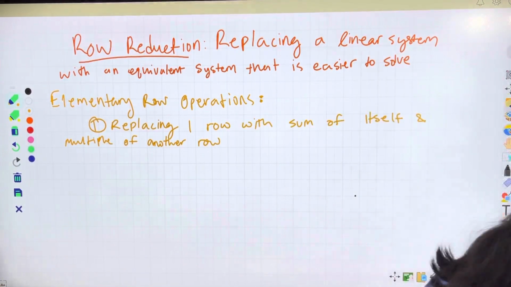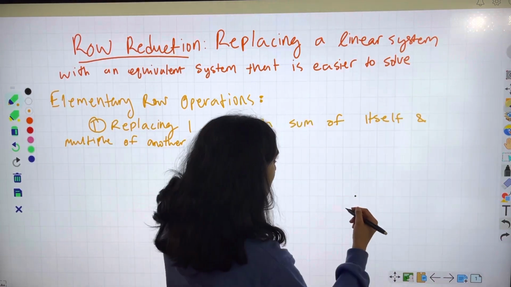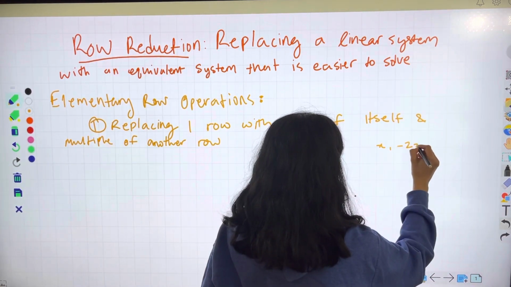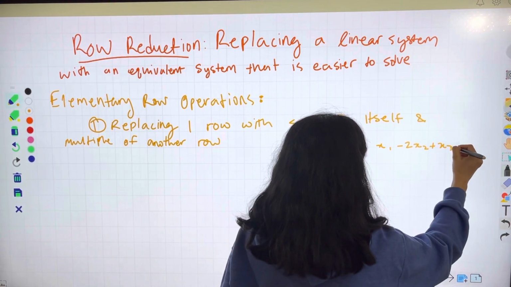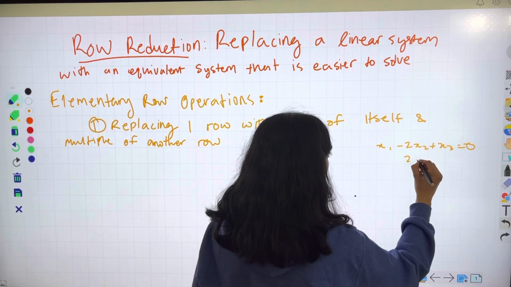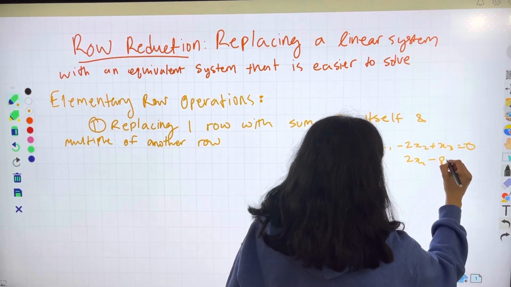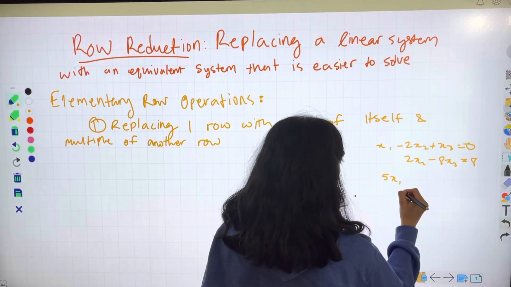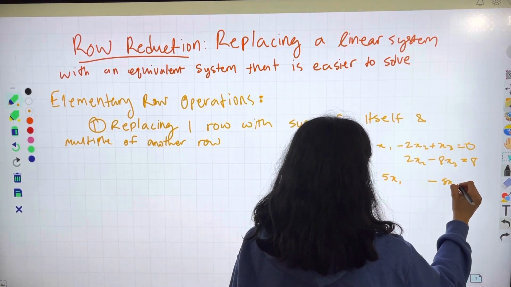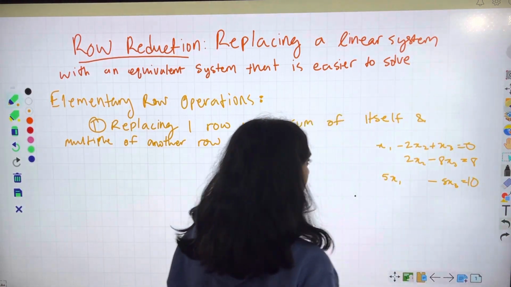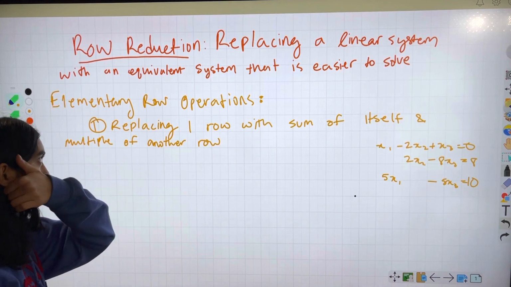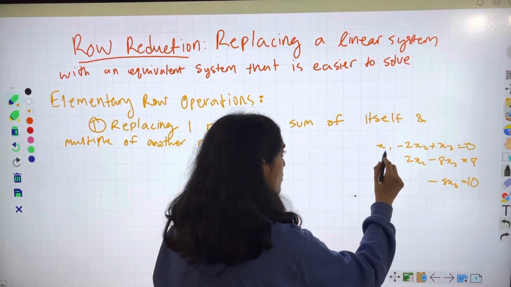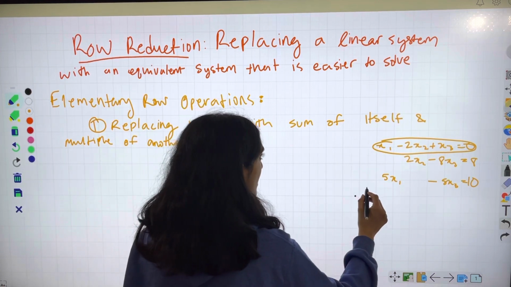going back to the example that we were talking about yesterday, when you have x1 minus 2x2 plus x3 equals 0, 2x2 minus 8x3 equals 8, and 5x1 minus 5x3 equals 10, I'm not saying that we would actually do this replacement, but something that you can do is take this row and replace it.